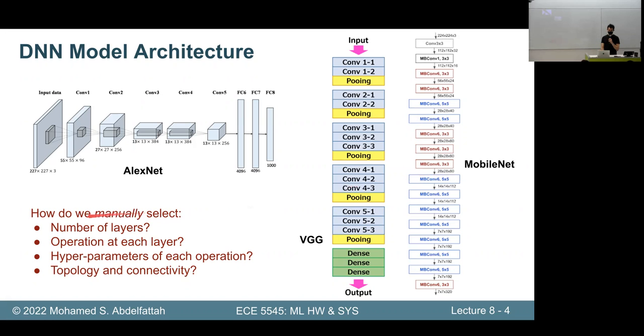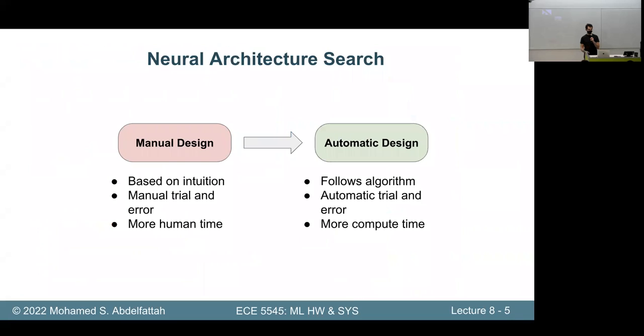So how do we manually decide on these operations? It's all intuition-based and kind of trial and error. So instead, we'll show something that's more automated. And so that's the movement behind neural architecture search. And there is a lot of industry interest in this because it automates a problem that has no right answer, really. And so we're going from manual design, which is, as I said, based on a lot of intuition, has a lot of manual trial and error, and takes up a lot of human time.